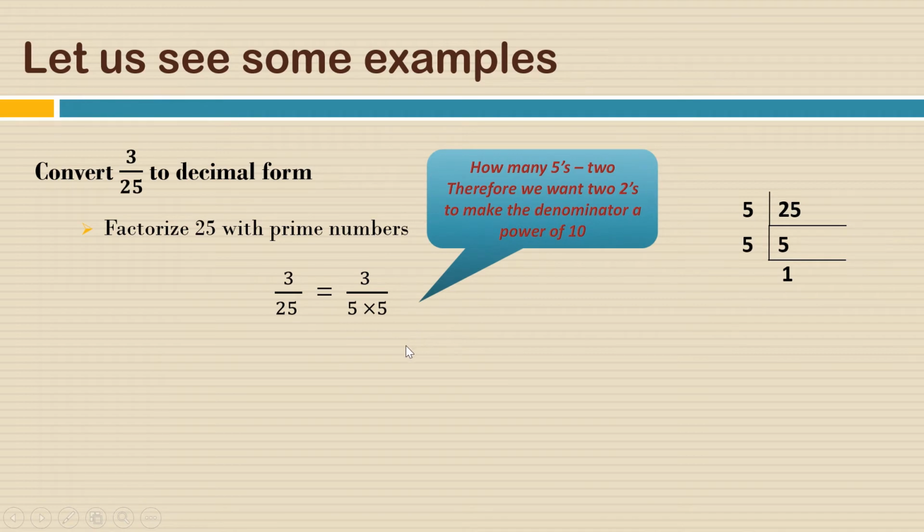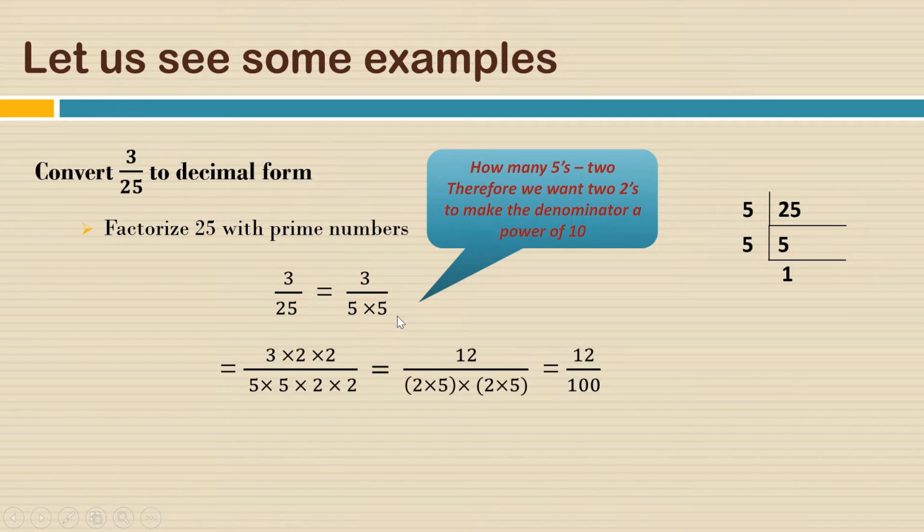How many 5s? 2 5s. So we want 2 2's to make the denominator a power of 10. Then multiply the numerator and denominator by 2 into 2. We get 12 by 100 equal to 0.12.